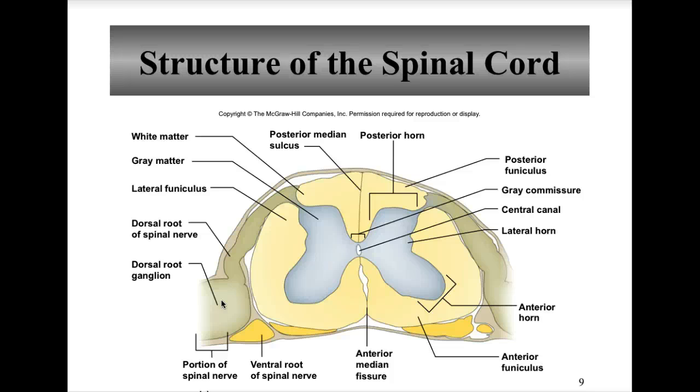The dorsal root ganglion contains the cell bodies of sensory afferent neurons that bring impulses into the spinal cord or the central nervous system. The fusion of the dorsal and ventral root designates the beginning of the spinal nerve, which then passes through its intervertebral foramen.